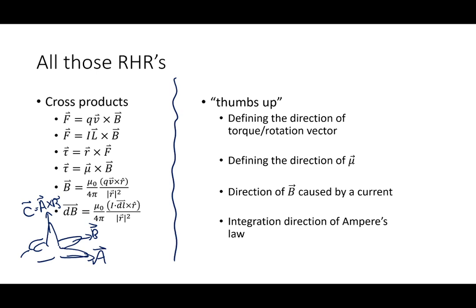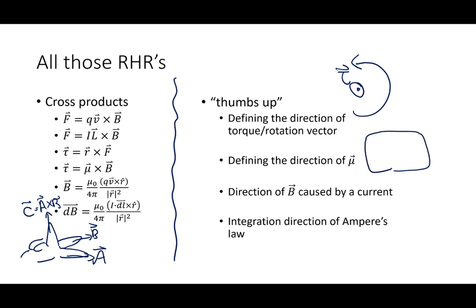Then we have a whole variety of rules that relate something that goes in a circle with something that goes straight. For instance, if we're looking at a torque vector, then using your right hand, your fingers will tell you the direction of the rotation given the direction of that vector.